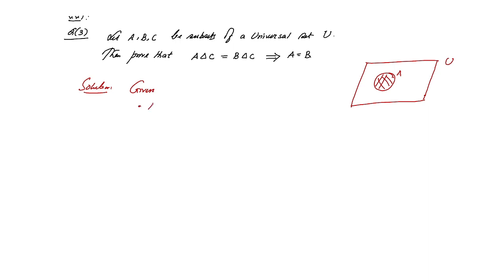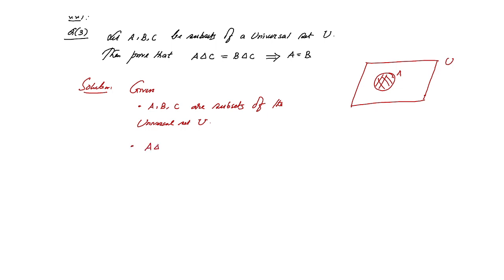Given A, B, C are subsets of the universal set capital U. Previously the universal set was represented by S, now it is represented by capital U. And what is exactly given?